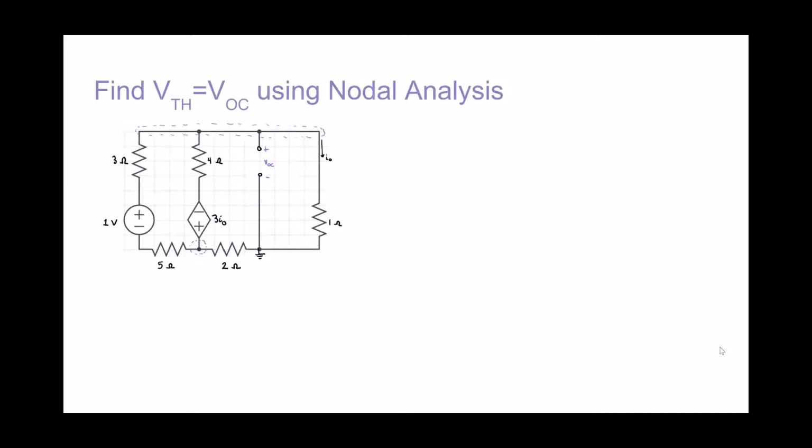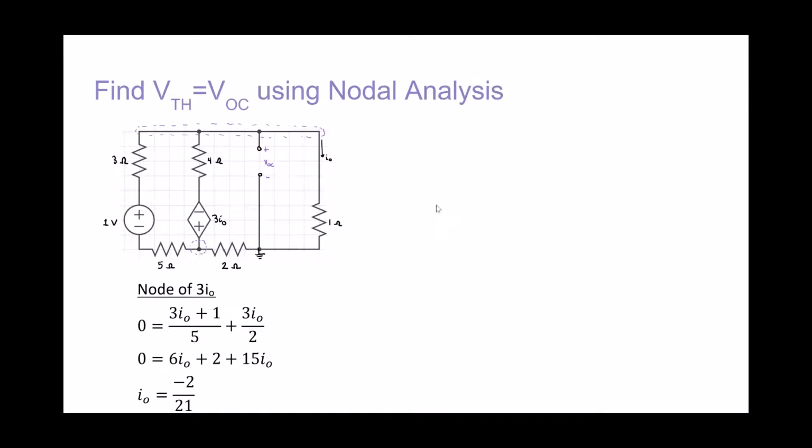The first step for using nodal analysis in this video is to do nodal analysis at the bottom node. You would subtract the dependent source from the 1 volt source, over the resistor that's in between.